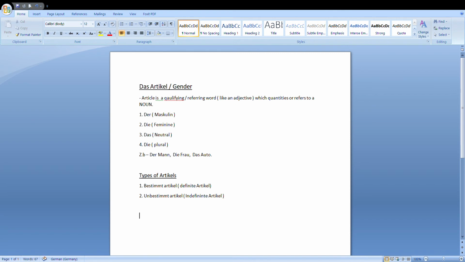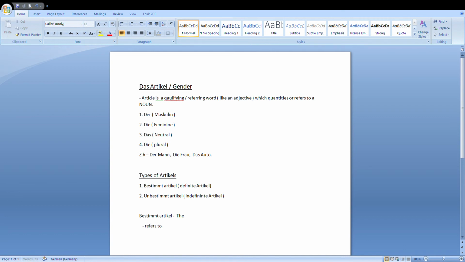Let's see. Definite article. The definite article is what we call in English the boy, the car. Okay, these are the definite articles. What does this refer to?